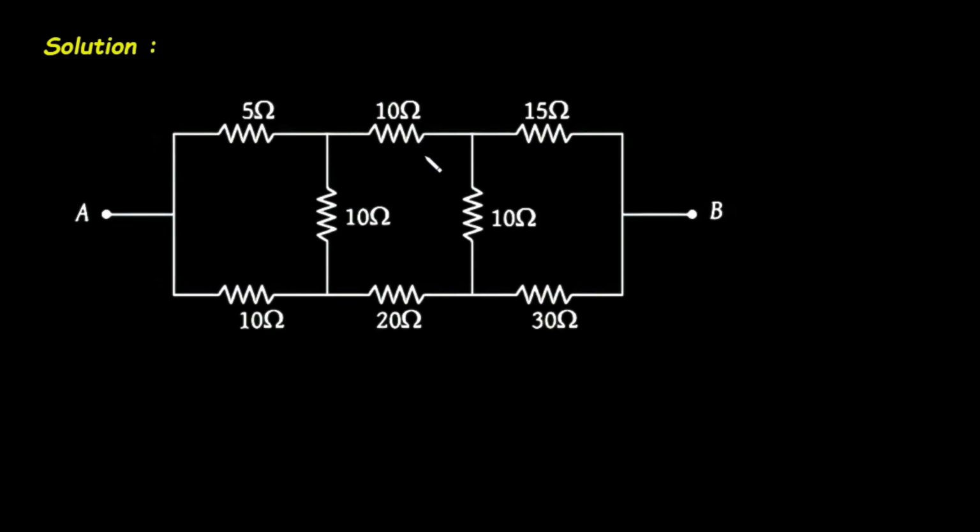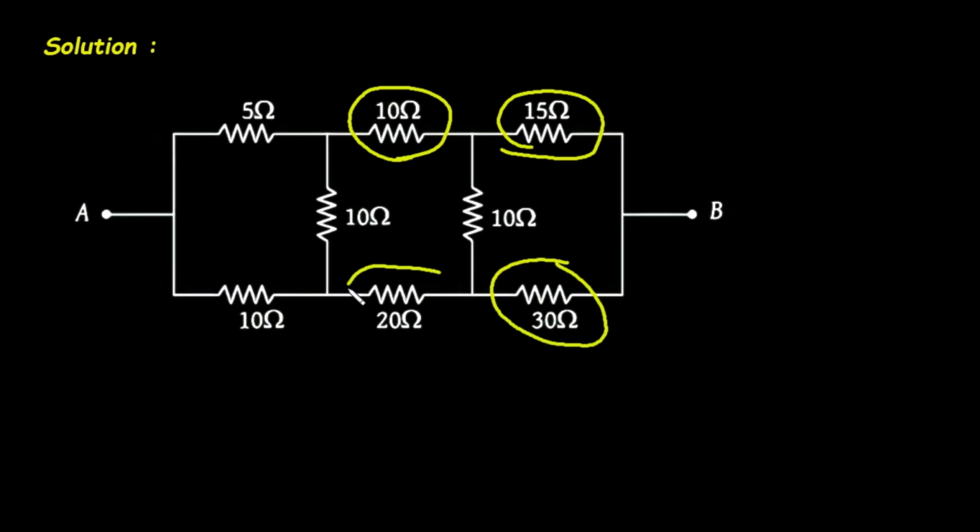So here for this resistor, and this and this 10 ohm. Now here we are assuming this as a Wheatstone bridge. So first we will verify whether the bridge is balanced or not. So what we will do?